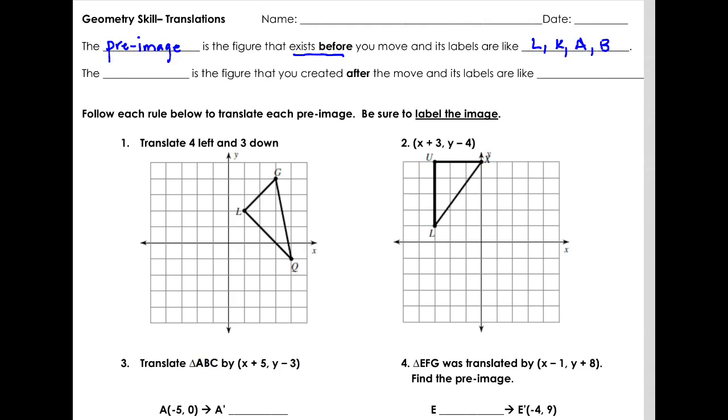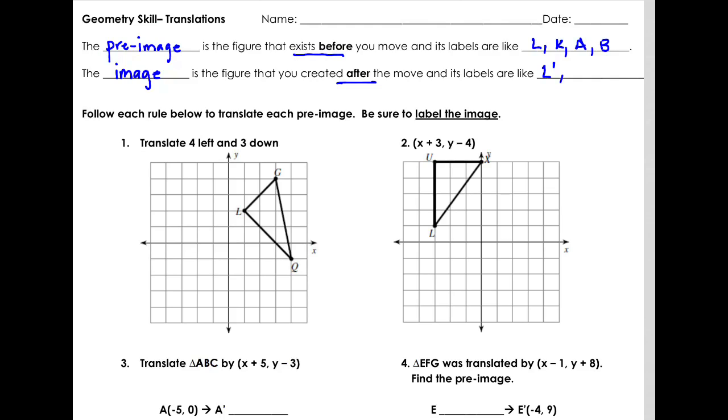Now the image is basically like the duplicate or the picture, or what comes after you've done some type of transformation. So to indicate that it's the image, we'd basically take any of those same original letters, but we put an apostrophe on it, which in math is like a prime.